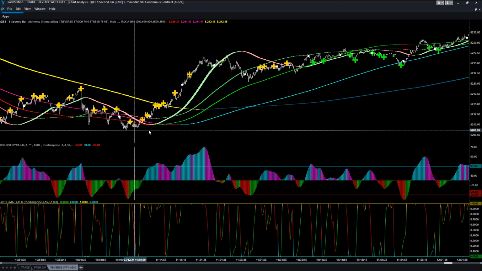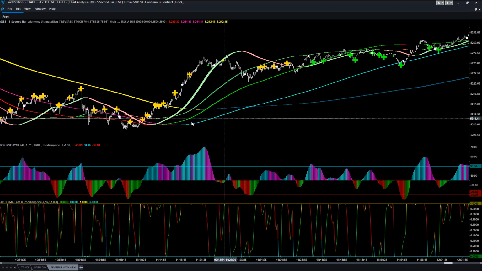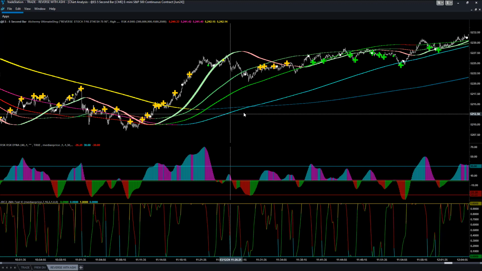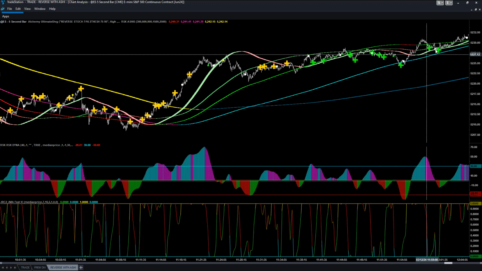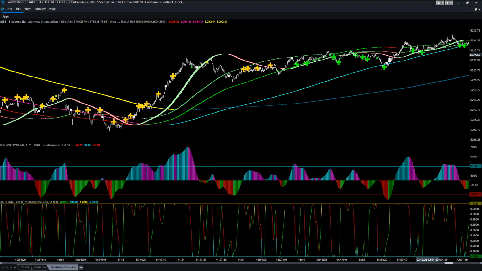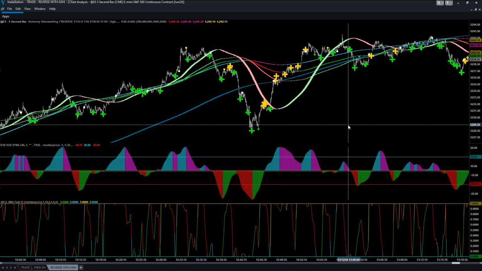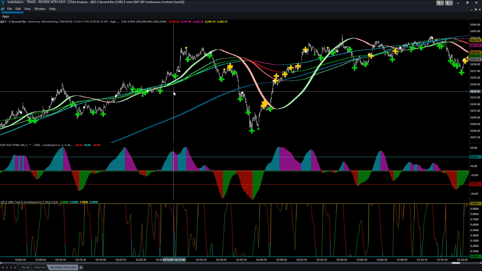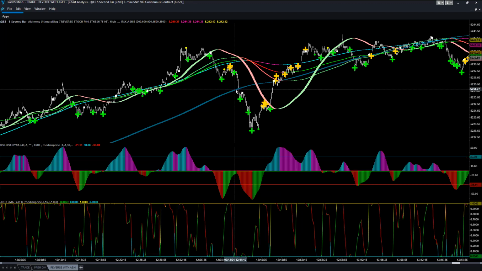Now, what are you doing? You're only trading long. Forget the short trades. Only trade long. Now you had a big pullback here. You want to be blasted through this moving average.